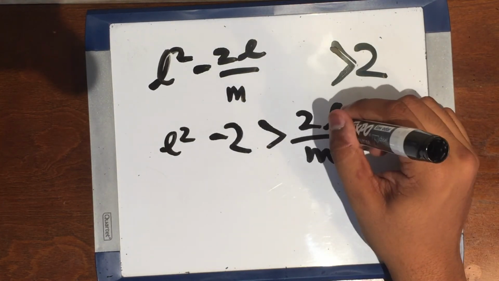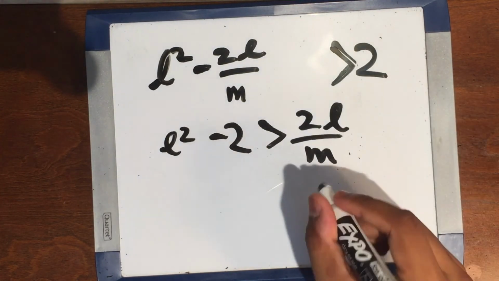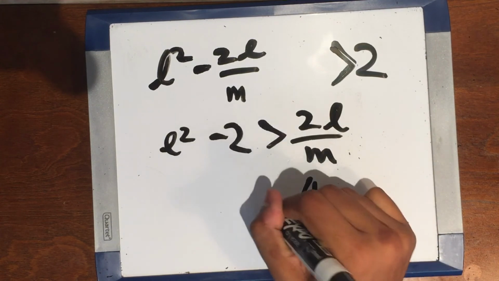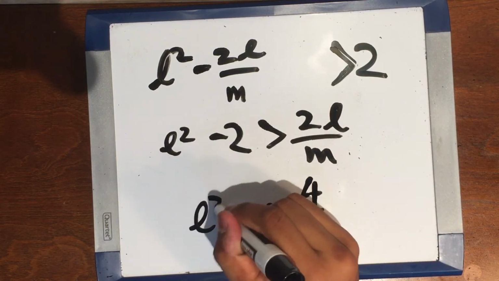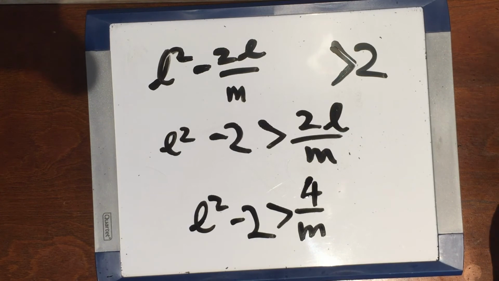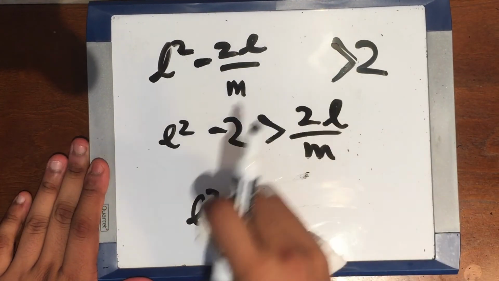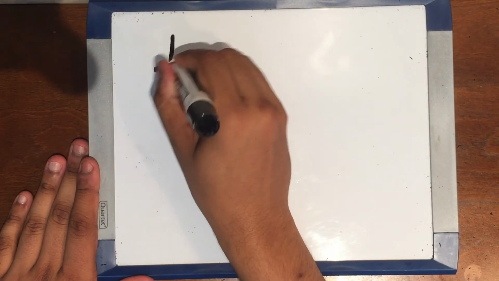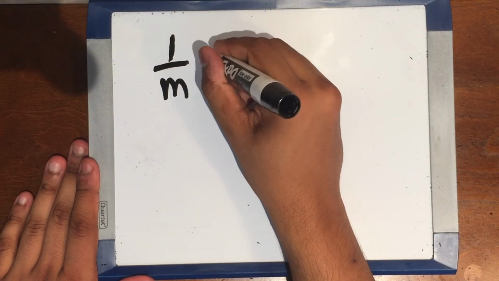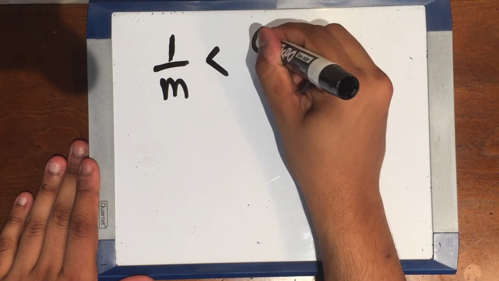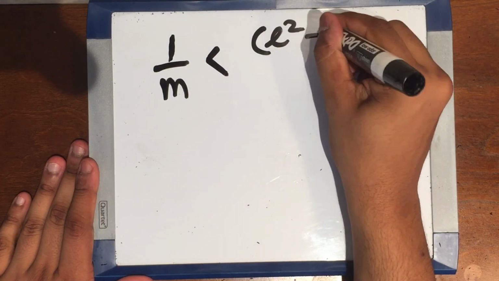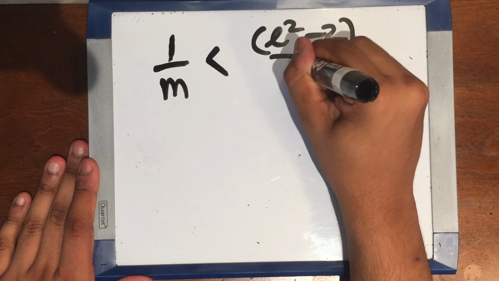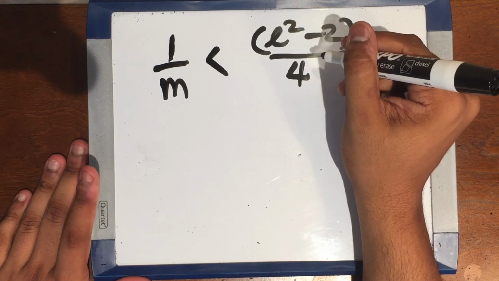So substituting the L for 2, we have 4/m greater than L² - 2. With that, we can divide both sides by 4 again. 1/m is less than (L² - 2)/4, right?